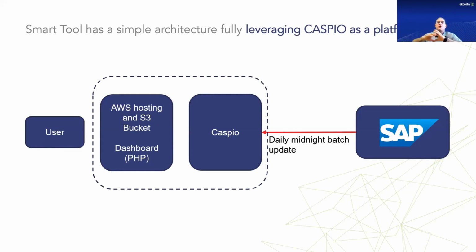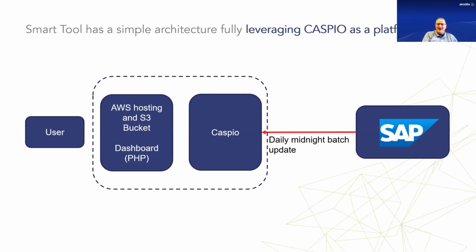So we were automating that, but how we did it on the technical side, as I mentioned at the beginning, we worked mostly in Caspio, and of course we deployed a site on AWS to create a nicer UI, and we embedded that there, and some of the components of the tool and most of the dashboard we did in PHP. At the time we developed this, Caspio was not in the version that it is today, so there are a lot of things that we had to do in PHP.